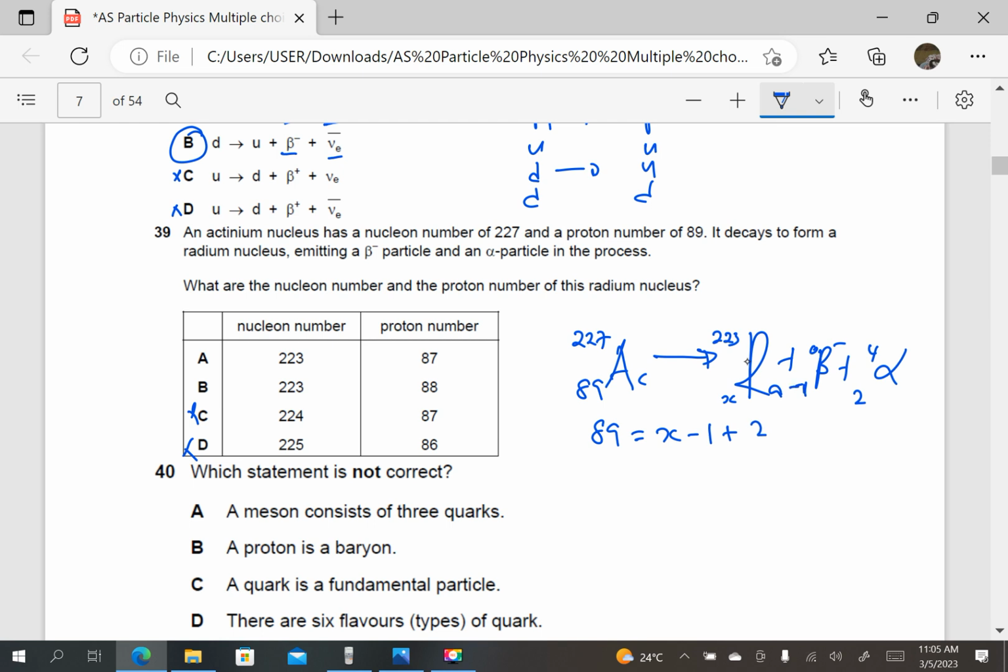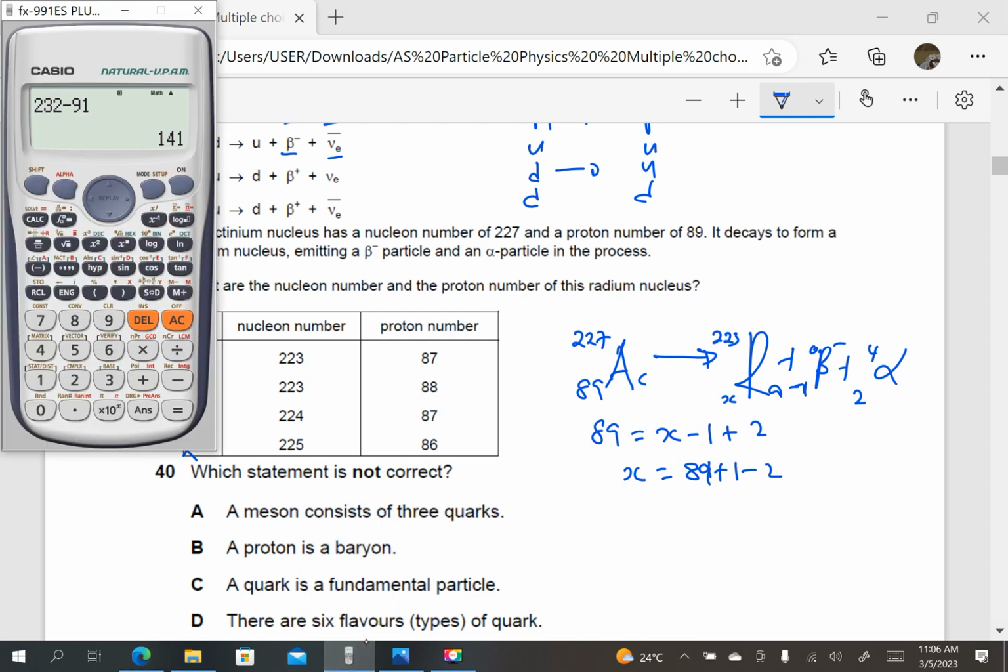So X is going to be 89 plus 1 minus 2, which is 88.